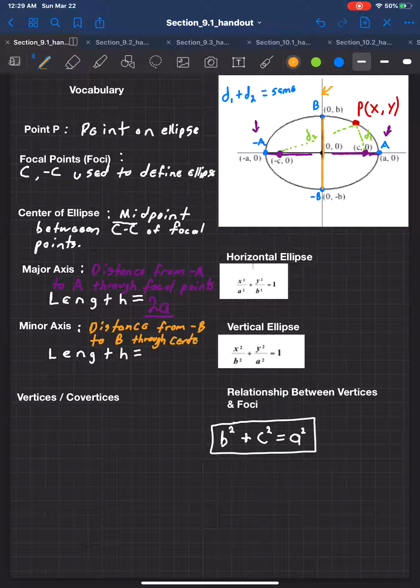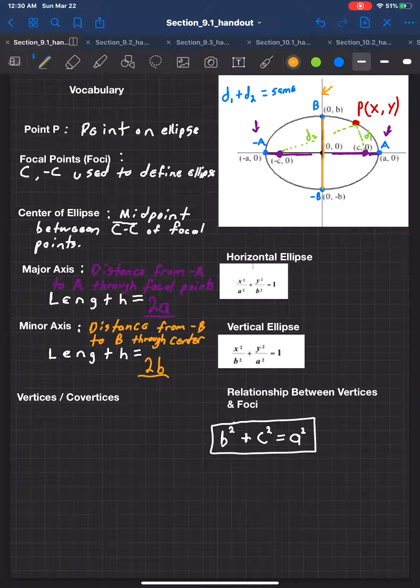Not through the focal points. The focal points are not on the minor axis. They are only on the major axis. Now, the length of that, if you start at negative B and travel all the way to positive B, you would have gone a total distance of 2B. All right, major axis, minor axis. And finally, the vertices.